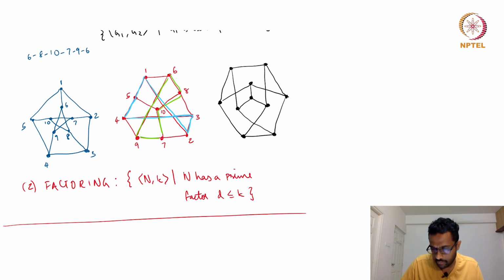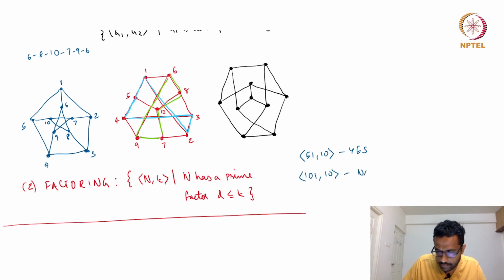So for instance, 51, 10 is a yes instance because 51 has 3 as a prime factor, which is less than 10. At the same time, 101, 10 is a no instance because 101 is a prime number, so it does not have a prime factor smaller than 10.